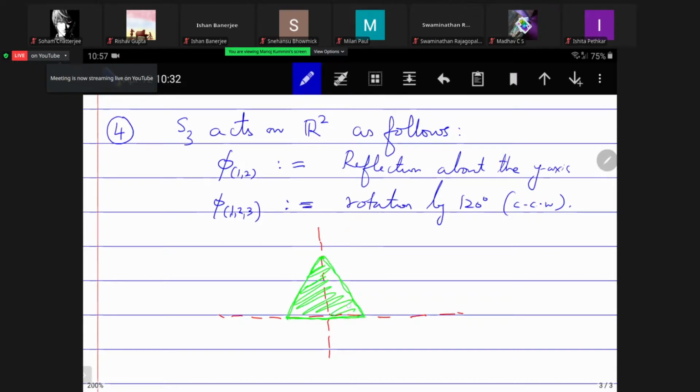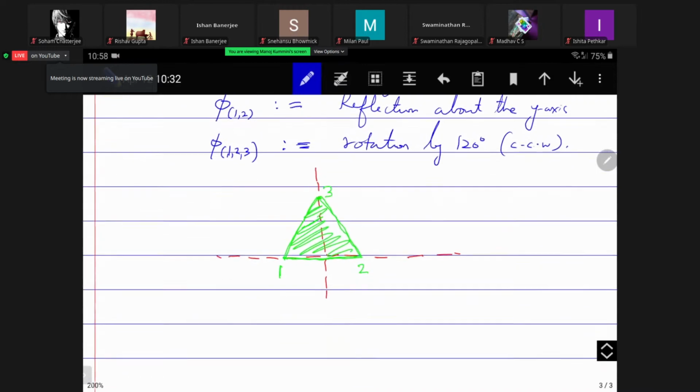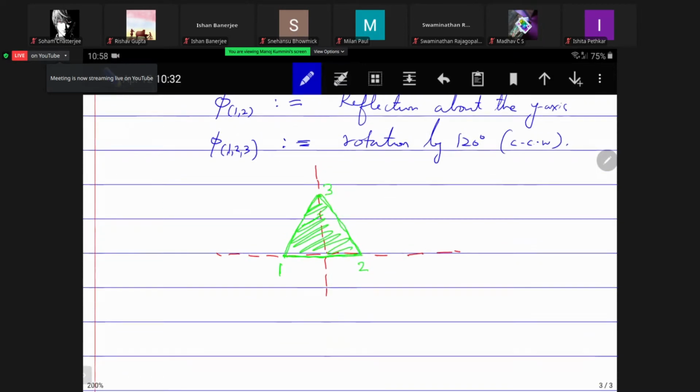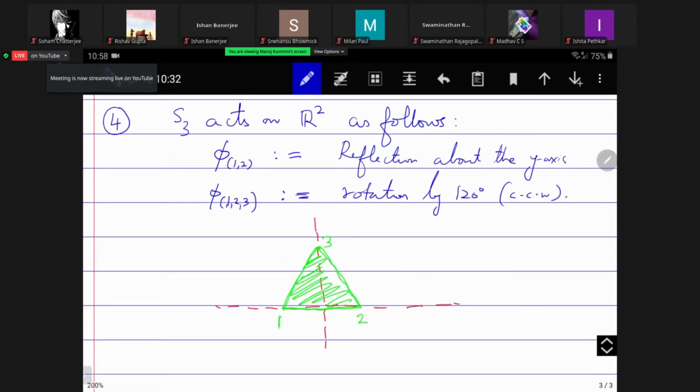Okay, and I want to label this as 3, this as 1, and this as 2. So that the labeling of the vertices is chosen so that it's easy to relate them to these functions phi and phi 1. Okay. So you can check that this is okay.